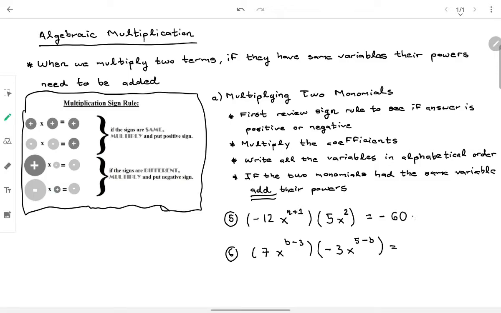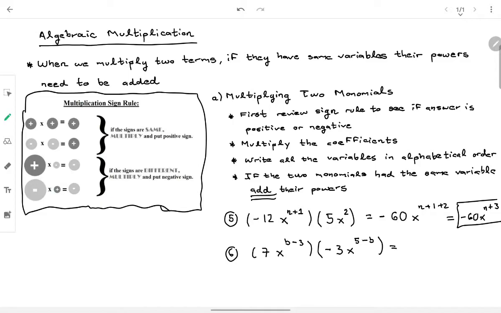And what happens with the letters, in this case we have only letter x, then we are going to add their powers. So in this case it's going to be n plus 1 plus 2. So our final answer is going to be -60 x to the n plus 3. And that will be our final answer for this specific exercise.